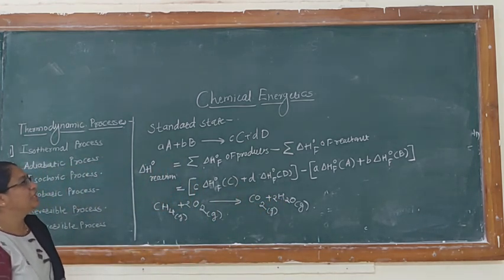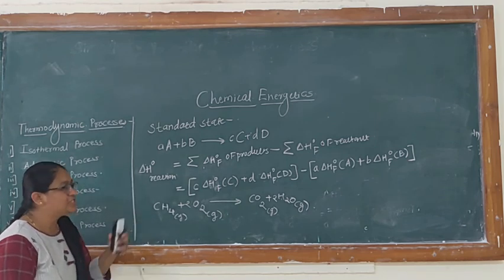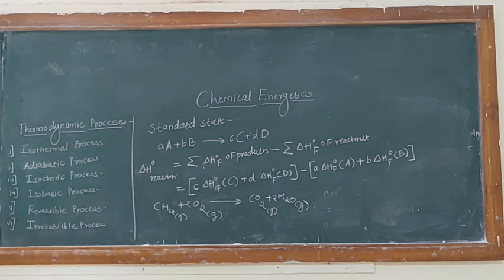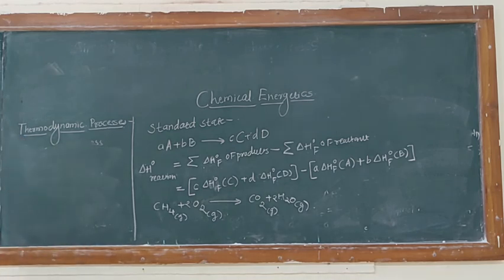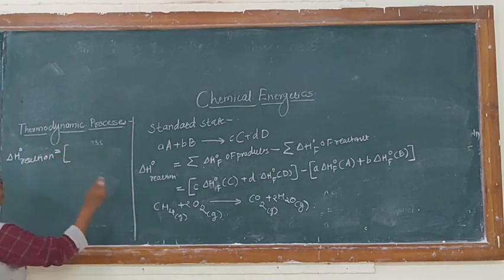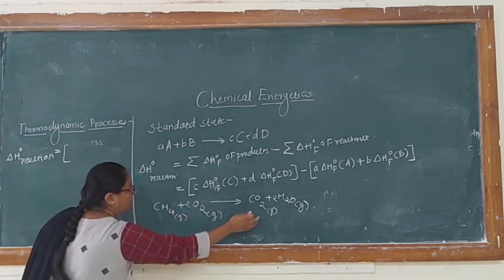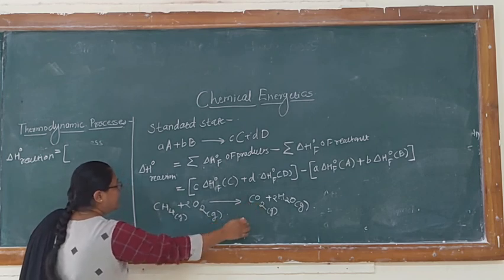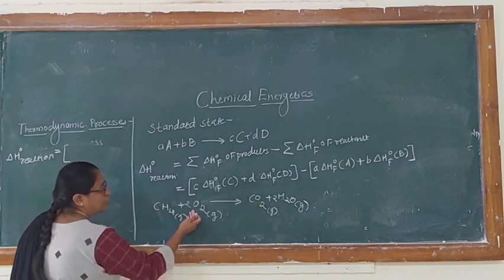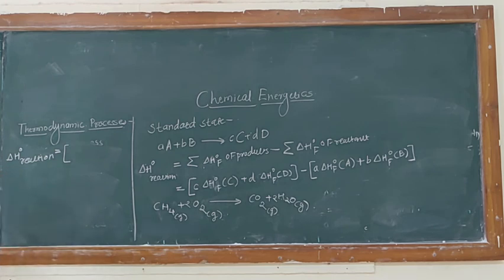Now for this reaction, if we want to calculate the delta H0, obviously delta H0 for this reaction is equal to the summation of heat of formation for the products minus the summation of heat of formation for the reactants.